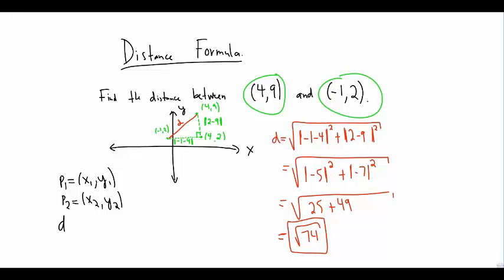The distance between the 2 points is the absolute value of, we'll just do exactly what we did in the example. The difference in the x coordinates, take the absolute value of that and then square that, plus the difference in the y coordinates, the absolute value of that, and then we square that.